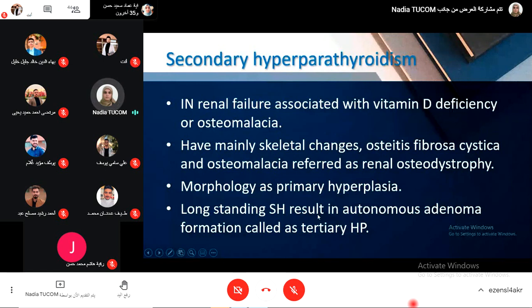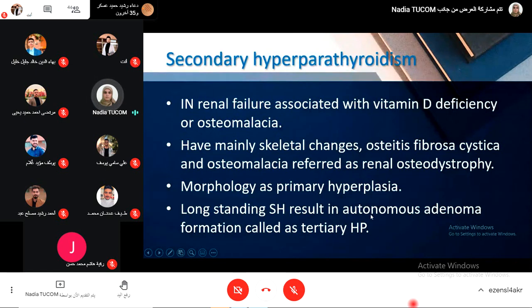It is not a neoplasm; it is called autonomous stimulation. A patient under renal failure, renal impairment for many years, develops secondary hyperparathyroidism due to hyperplasia of the parathyroid gland. There will be continuous autonomous secretion of the parathyroid gland even after correction.